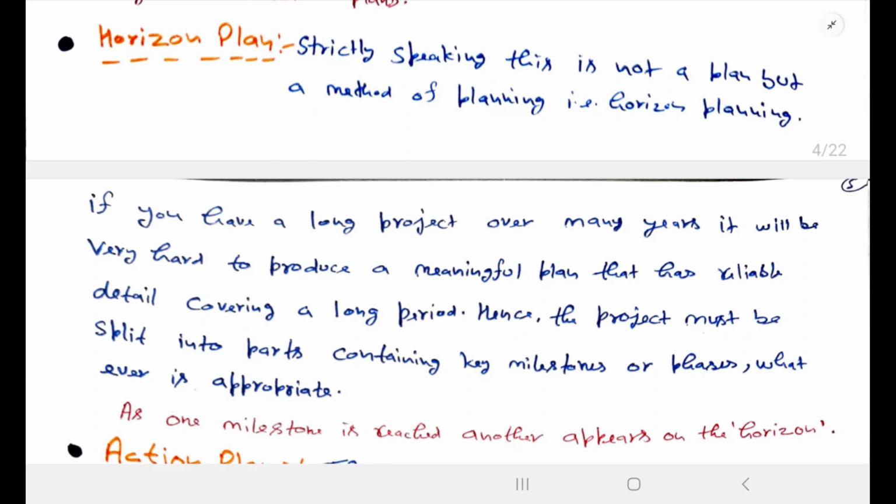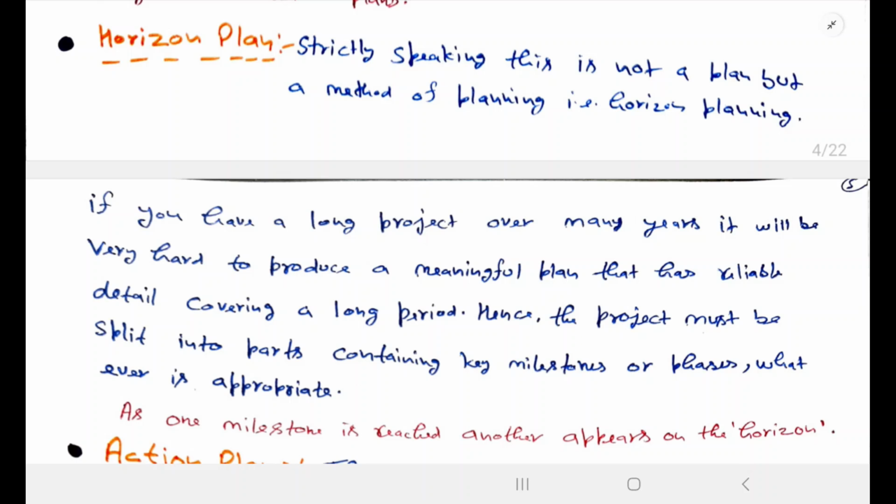It means we will break our whole project into years or some milestones, and we will plan for a particular milestone. Take an example: you are going on a tour and you have to go 1500 kilometers. Then you cannot plan for the 1500 kilometers at once. You will break your journey into milestones: today we will cover 100 or 200 kilometers, as per your convenience.